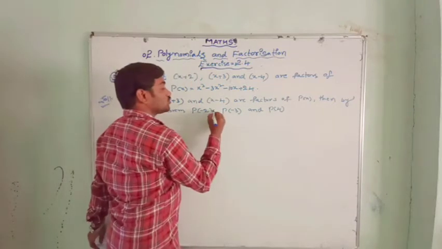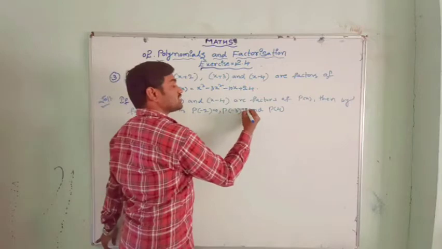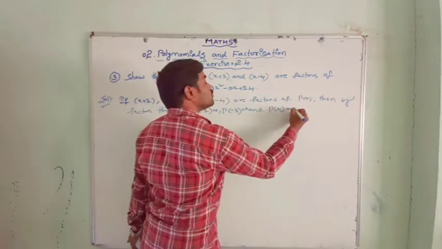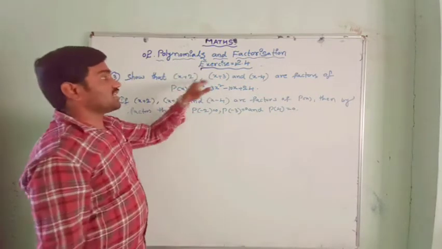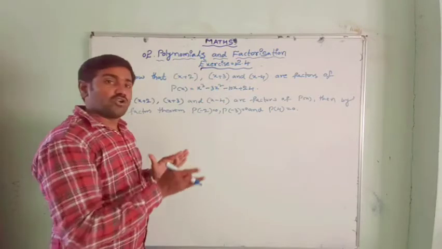Here p of minus 2 should be equal to 0, p of minus 3 should be equal to 0 and p of 4 should be equal to 0. Then only these three will be factors of this. Individually we are going to find out now.